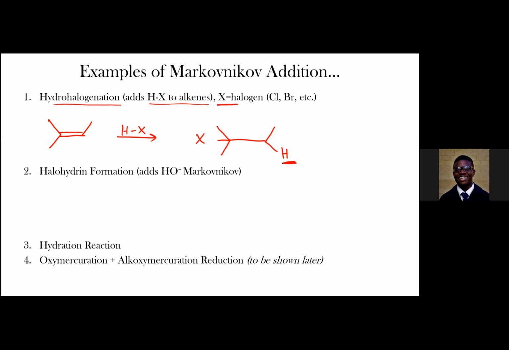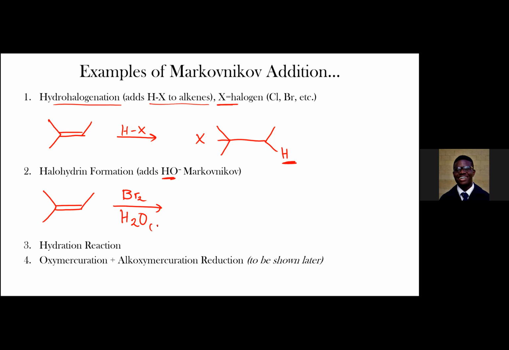There's halohydrin formation, which is essentially just adding this alcohol onto an alkene in a Markovnikov fashion. So if you had something like this, you would have Br2, H2O, an excess.